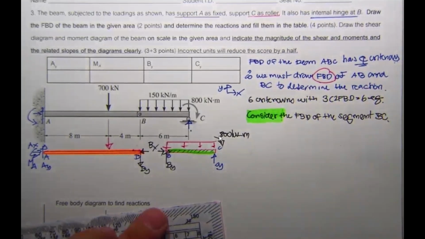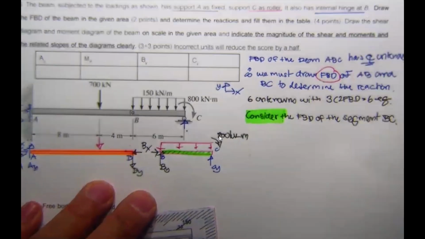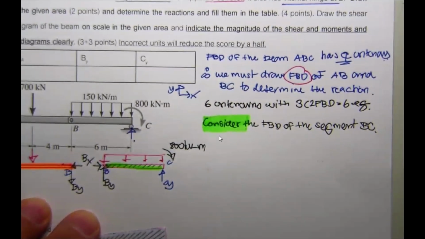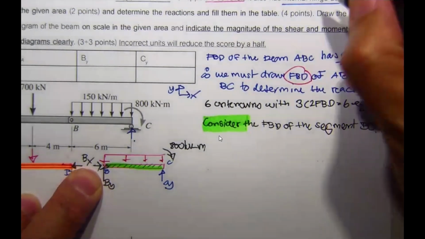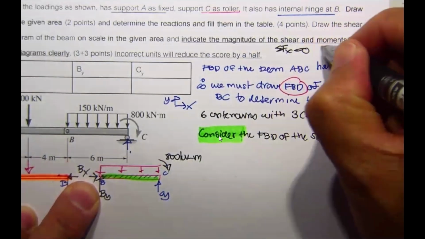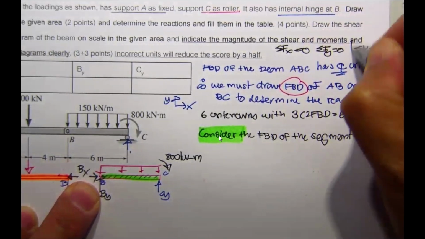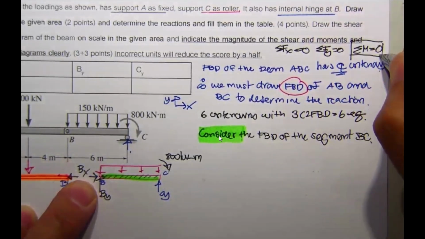If we consider BC, you may zoom in and start using the equations of equilibrium. Even though you have summation of F sub x equal to 0 and F sub y equal to 0, we usually use the moment equation because it can eliminate unknowns.